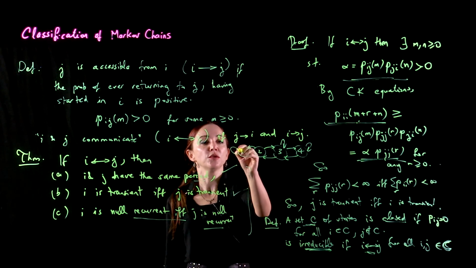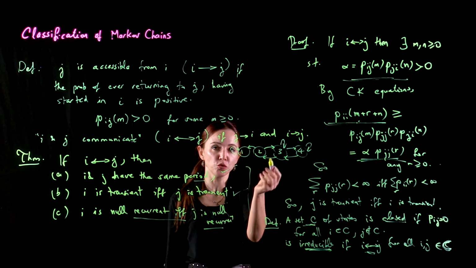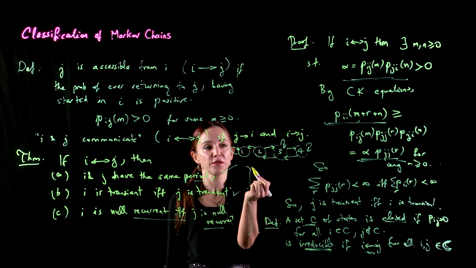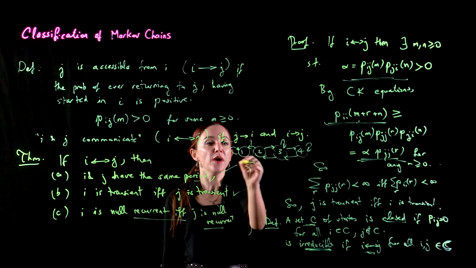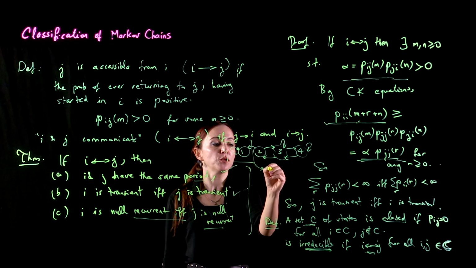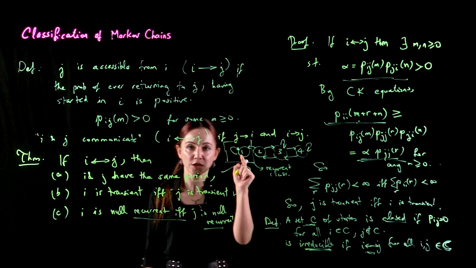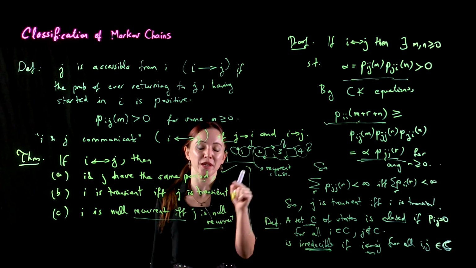And from 1 you can go back to 1. In this case, do 1 and 2 communicate? No, because there's a way to go from 2 to 1 and never come back. So 1 by itself forms a recurrent class. If a recurrent class has only one state, we call it an absorbing state.